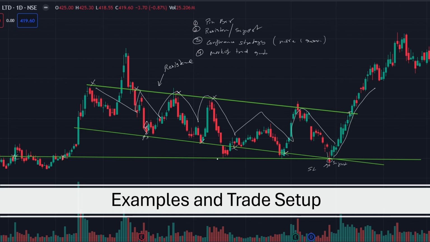And in the case of the other one, again, you can take this location or this closing price as a stop loss. And similarly, over here, this can be your stop loss if you are taking the trade from the resistance part. So I hope you have understood. You have to take care that you meet all these criteria while taking the trade.